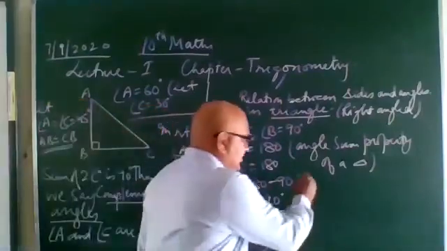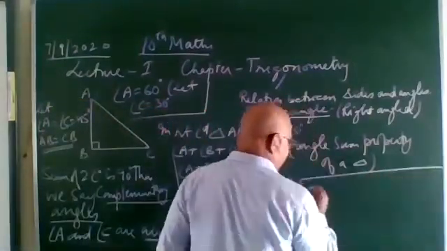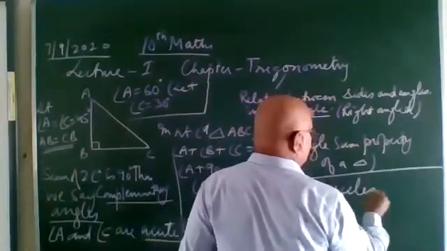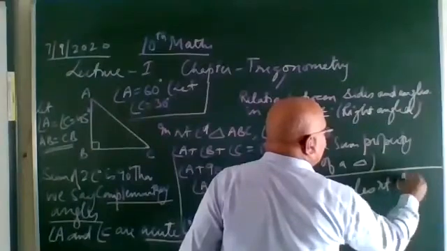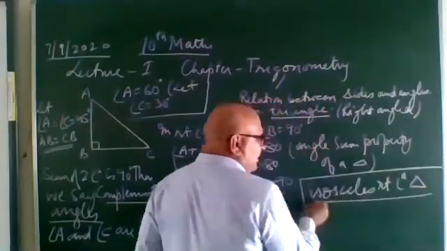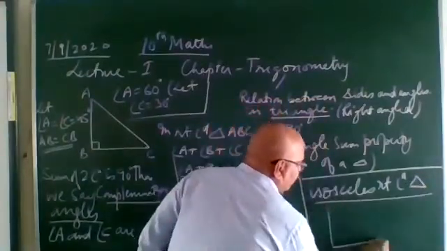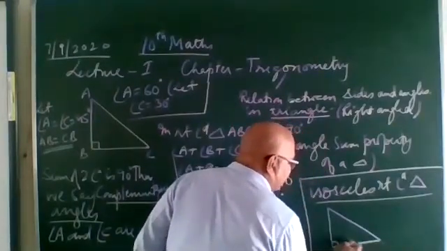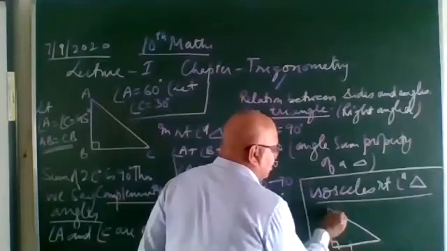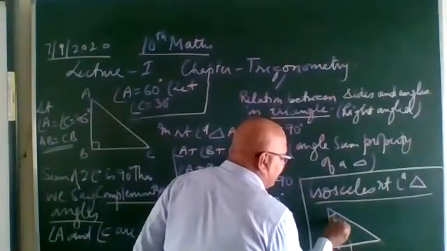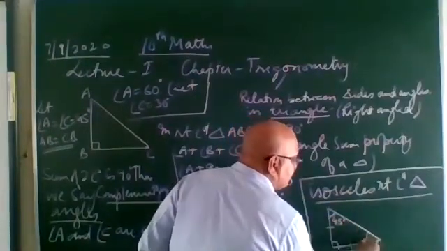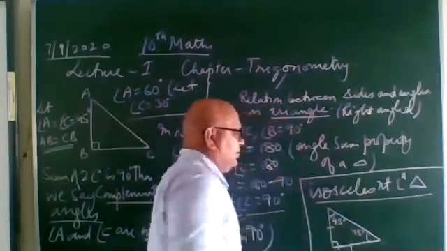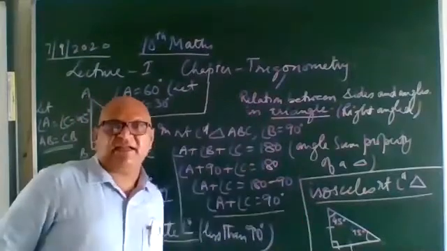An isosceles right angle triangle has one angle 90 degree, two sides equal, and this angle 45 degree and this angle 45 degree.